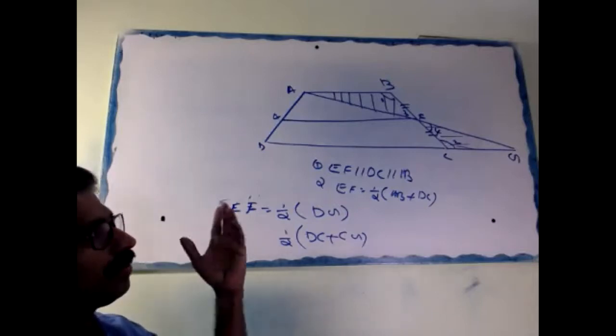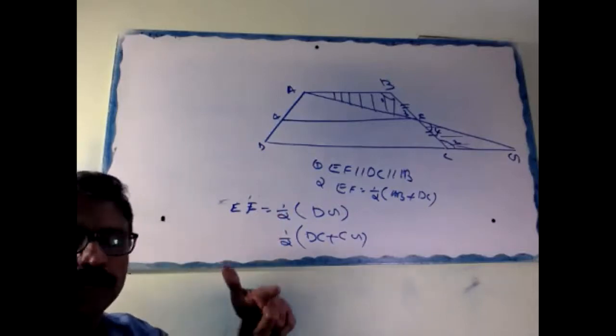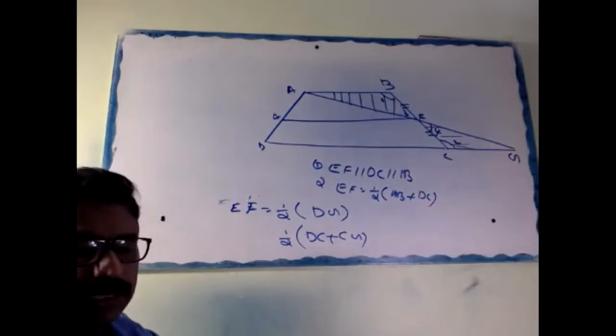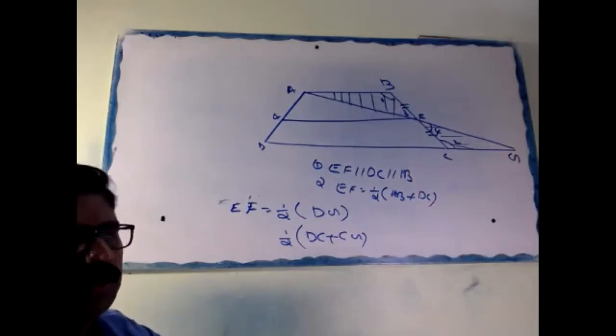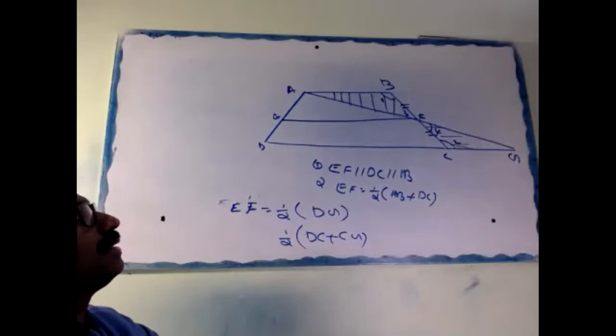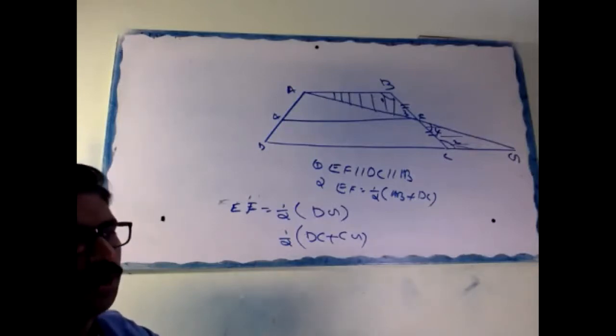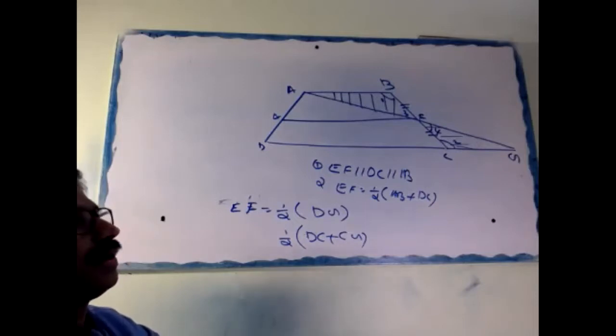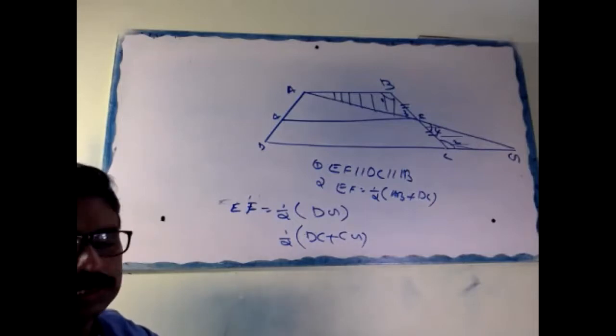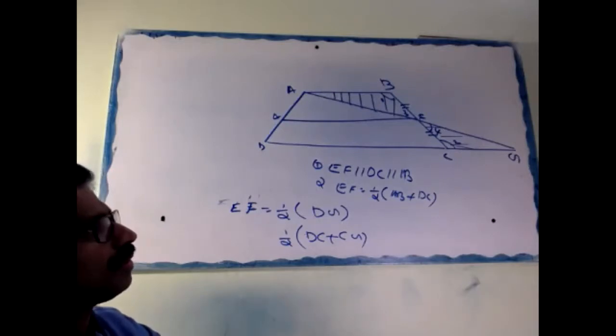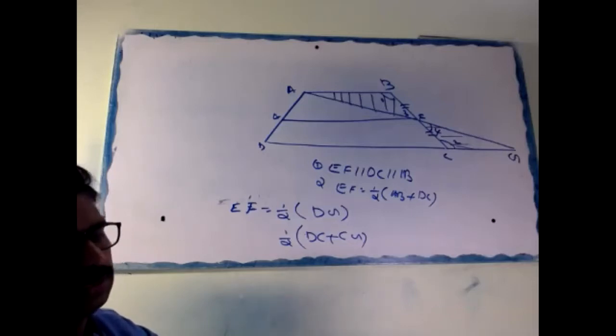Divya, listen. I'll explain that part. In triangle ADG, E is the midpoint of AD, given. F is the midpoint of AG, proved. Then by midpoint theorem, EF is parallel to DG.